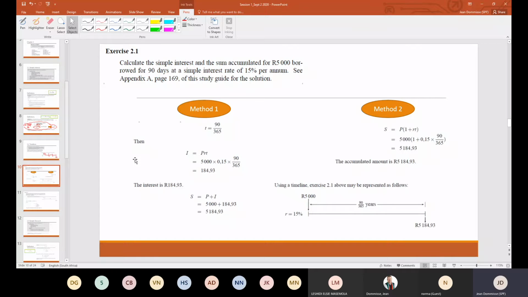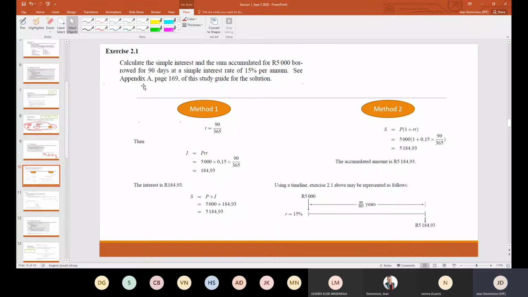Okay, so quickly looking at exercise 2.1, I think it is in the study guide, so I didn't want to duplicate it, but I wanted to show you what you need to do. They say calculate the simple interest and the sum accumulated for 5,000 Rand borrowed for 90 days. Luckily with this one, they didn't tell you it's between the 15th of May until the 6th of August or anything like that.